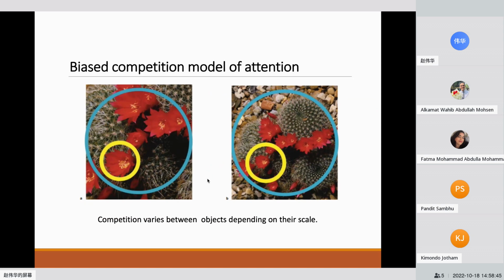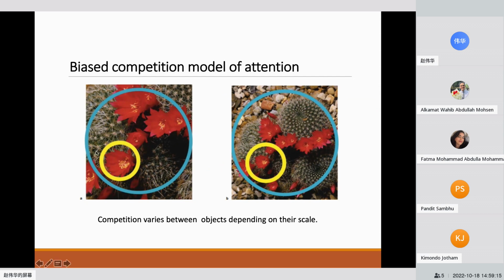And considering the competition model of attention, the same stimuli can occupy a different sized region of visual space depending on its distance from the observer.